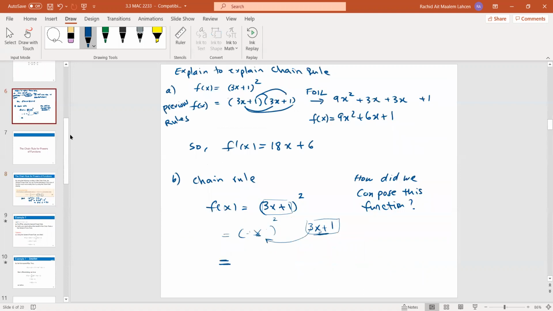So in this case, when it's not x, it's 3x plus 1, we have to do 2 times 3x plus 1 to the 2 minus 1, times the derivative of the inside. So you will have a 2 times 3x plus 1. The derivative of this one is 3 times x, which is the multiple 3.